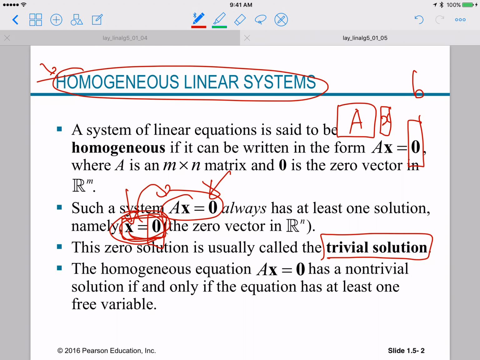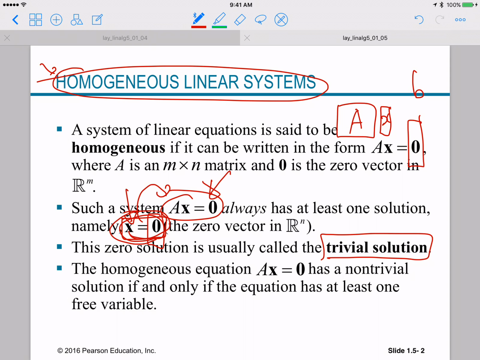And then the question now is whether we have infinitely many solutions or only one solution. We already found just one solution. So if we have only one solution, that will be our only solution. But the question is, do we have any other solution?